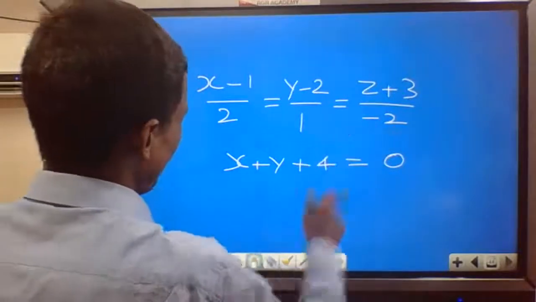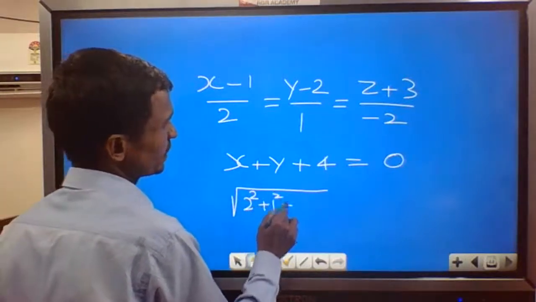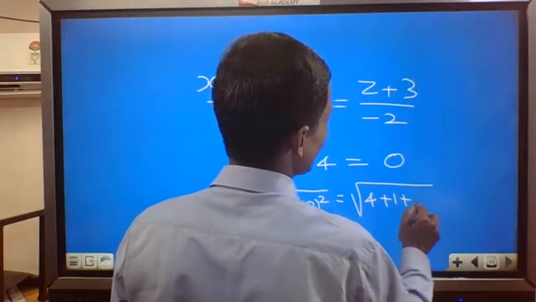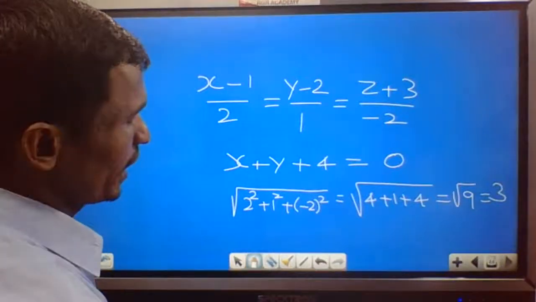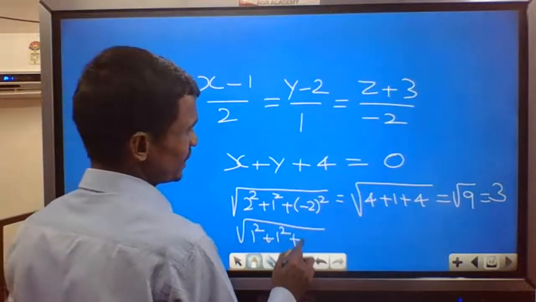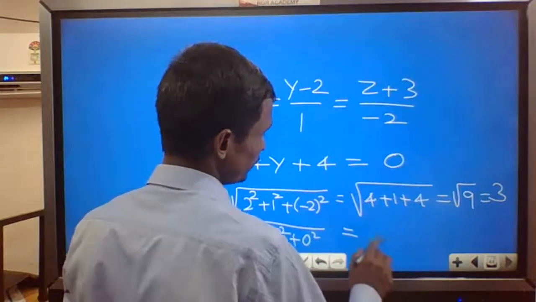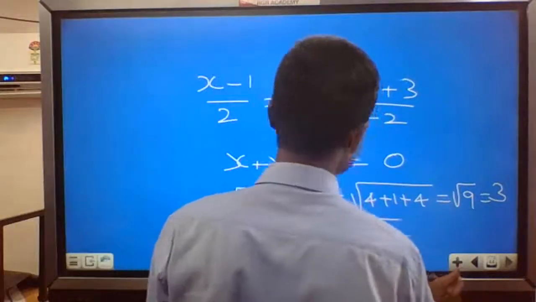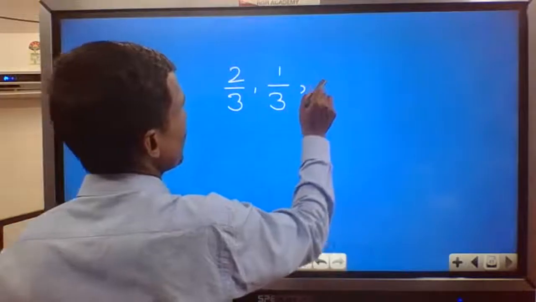Here the direction ratios of the line are 2, 1, −2, so √(2² + 1² + (−2)²) = √(4 + 1 + 4) = √9 = 3.